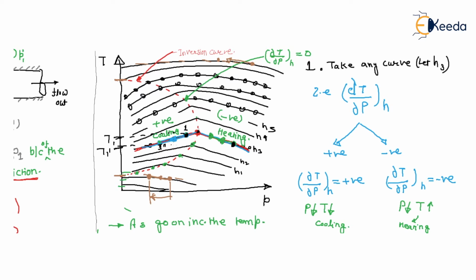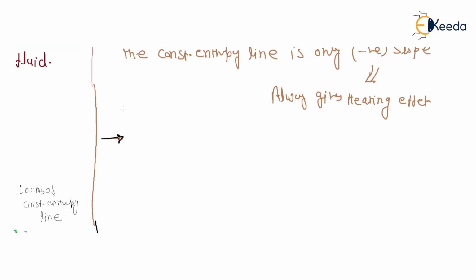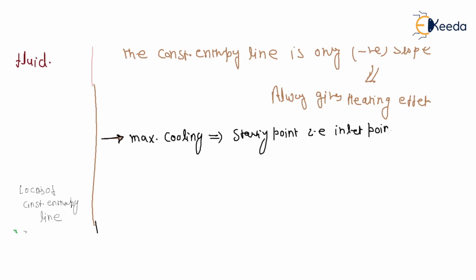So what is given is that if you have maximum cooling, our starting point, that is the inlet point, is at the inversion curve.